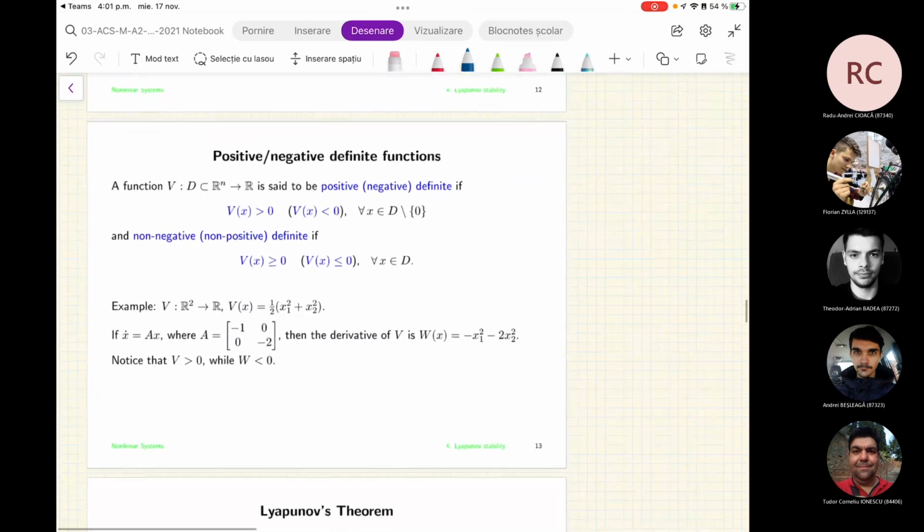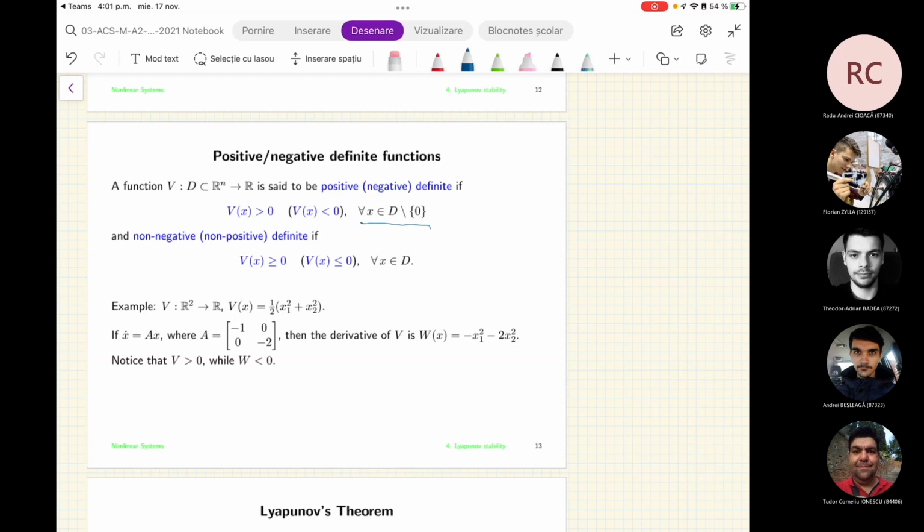And now we have to understand what positive and negative definite functions are. A function V defined on a domain of Rn valued in R is said to be positive or negative definite if V(x) is positive, or negative, for all x different from the origin.